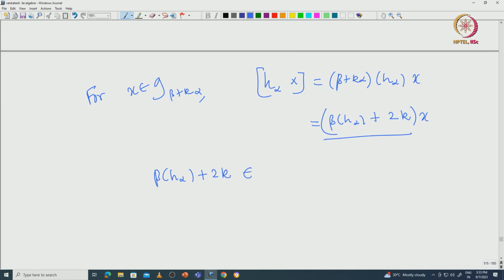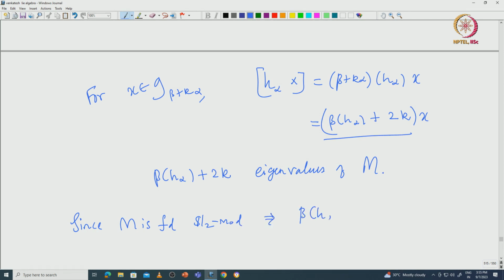These are all the eigenvalues of this M. Since M is a finite dimensional SL2 module, we immediately get that beta of H alpha plus 2k must be integers.